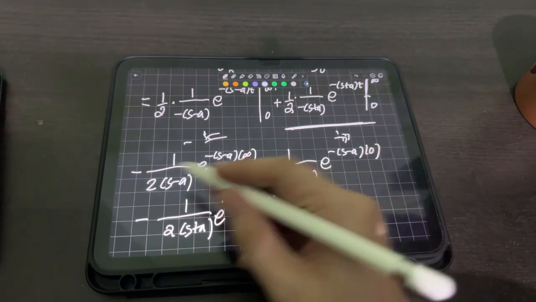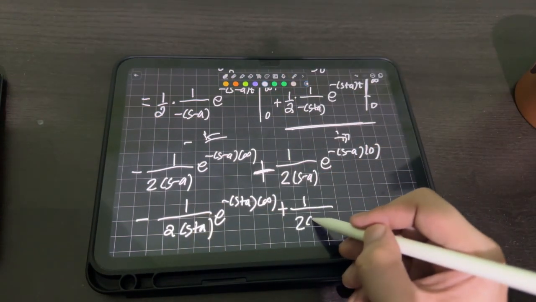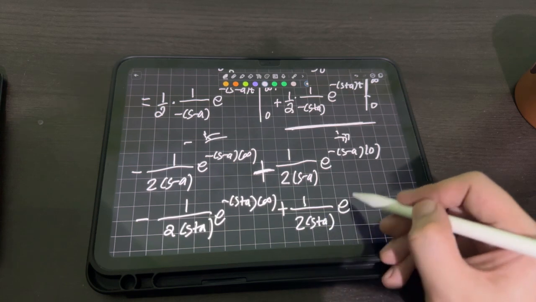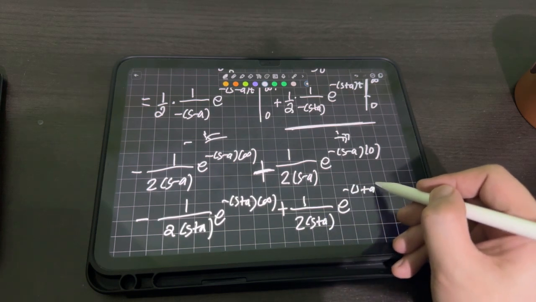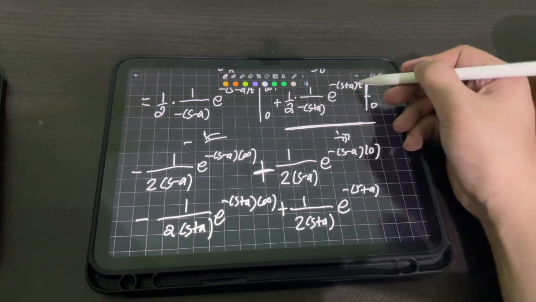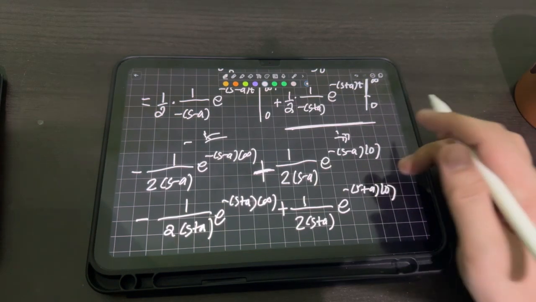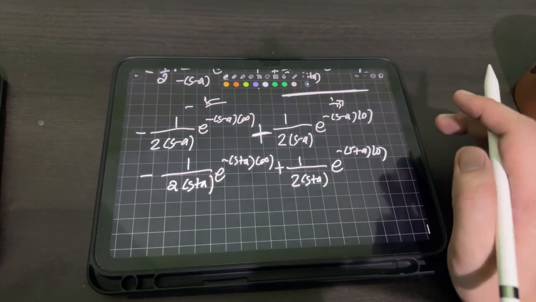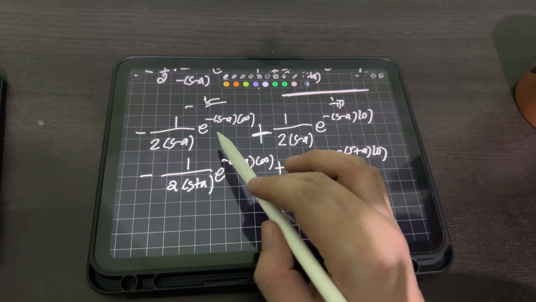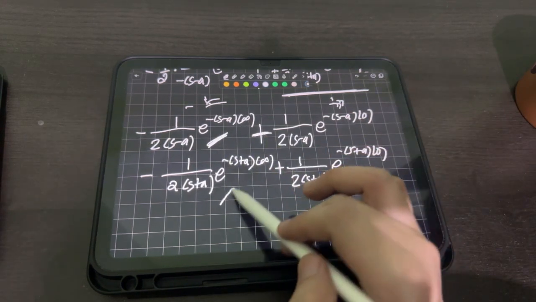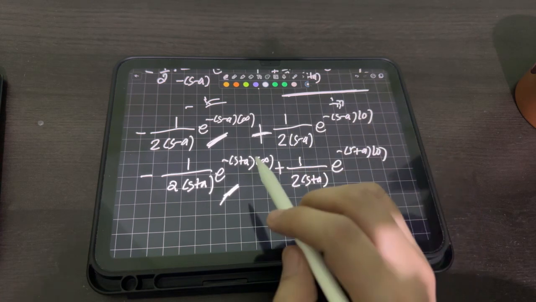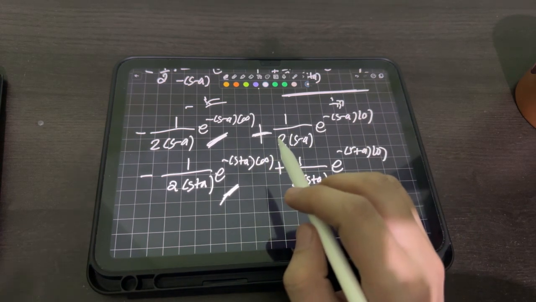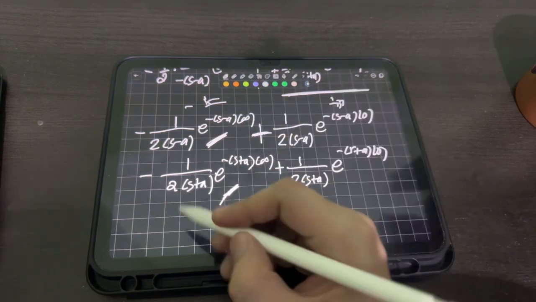Okay, positive 1 over 2 times s plus a, e to the negative quantity s plus a t, which is now replaced with the lower limit 0. So, for the terms with infinity, this one and this one, we just need to apply the same restrictions as in the previous problem for the Laplace transform of sinh, right?